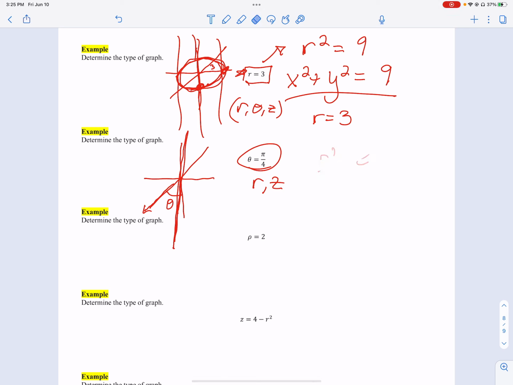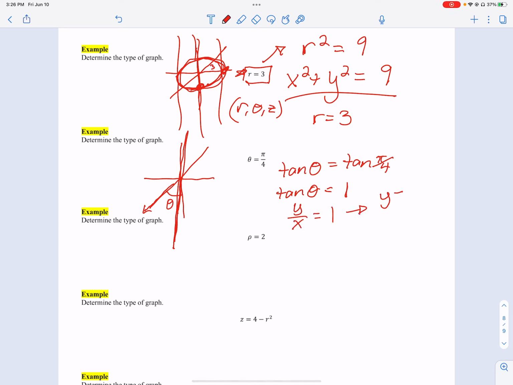How could I convert and maybe think about this instead? Well, I'm going to take the tangent of both sides. Tangent of theta equals tangent of pi over 4, which is 1. And tangent is y over x, so y over x equals 1.